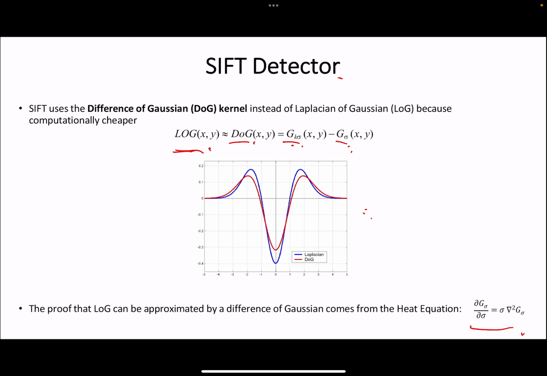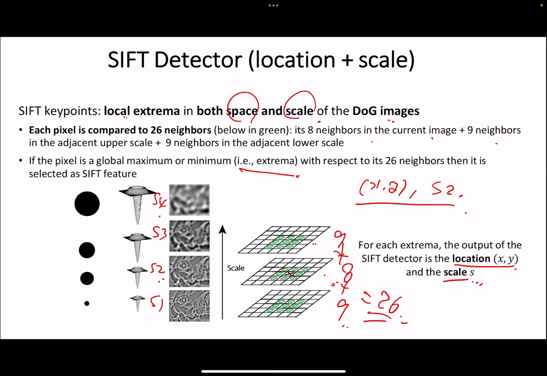Laplacian of Gaussian은 너무 computationally expensive해서 difference of Gaussian을 쓰고, 한 픽셀당 26개 네이버랑 비교를 해서 이 픽셀이 디스팅티브 한 픽셀인지 아닌지를 판별하는 거예요.